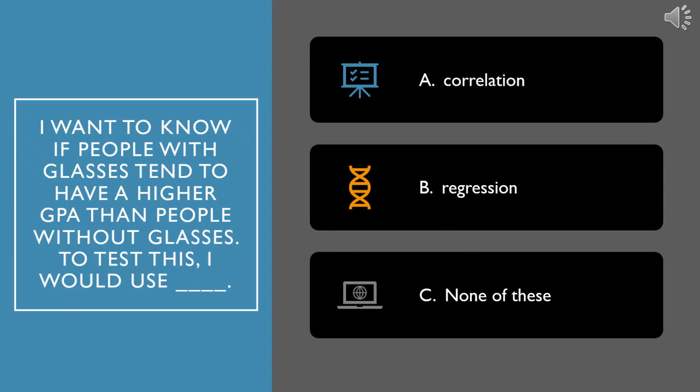Same thing with regression. You have to have two, or in the case of multiple regression, more numeric variables. So having glasses or not having glasses is a categorical variable, and therefore that would actually be what's called an independent samples t-test, which we'll get to later on.